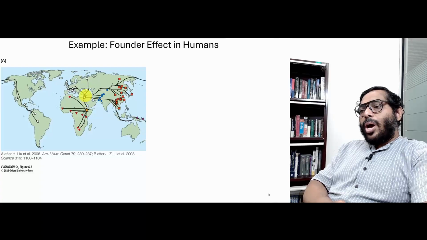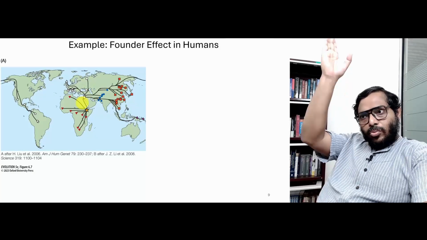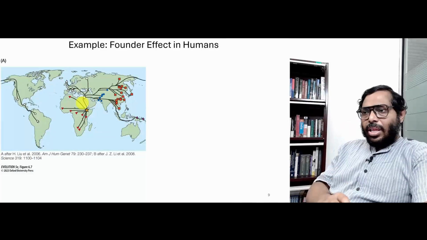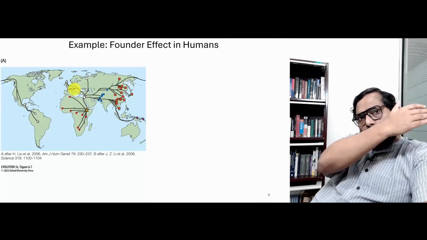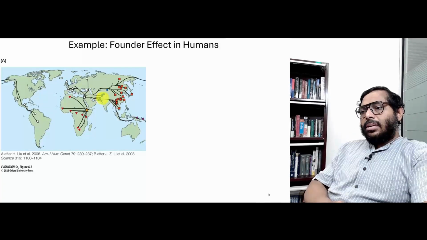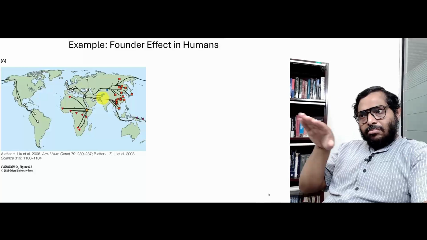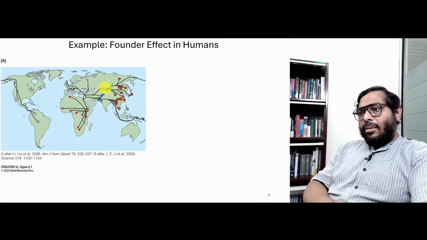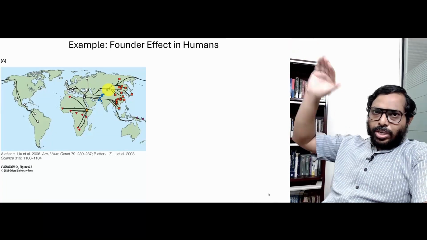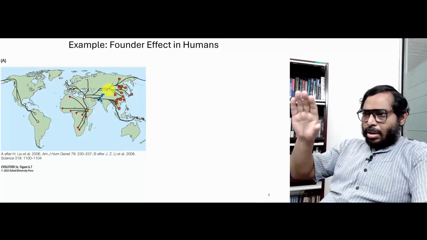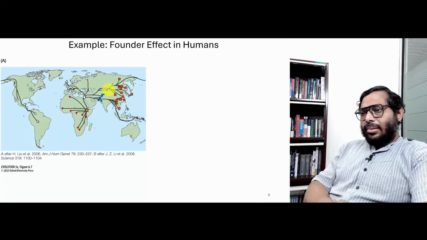Then there was one migration event towards the Middle East, going towards north of Europe, Russia and all that, and from the Middle Eastern population, one set went towards Western Europe, another set went towards East Asia, and from China and other places, there were other migrations towards northeast Russia, eastern China, Japan, etc.